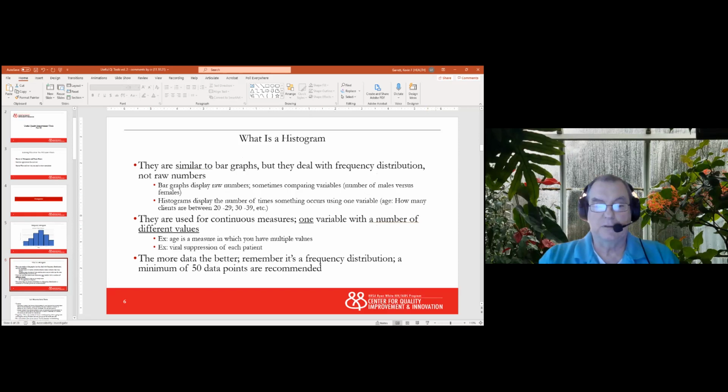Histograms really are kind of data hungry. They like a lot of data. You don't want to do a histogram with about 10 data points. It just wouldn't really show you too much of anything. You could use viral suppression. You could use anything that's got a number of data points.